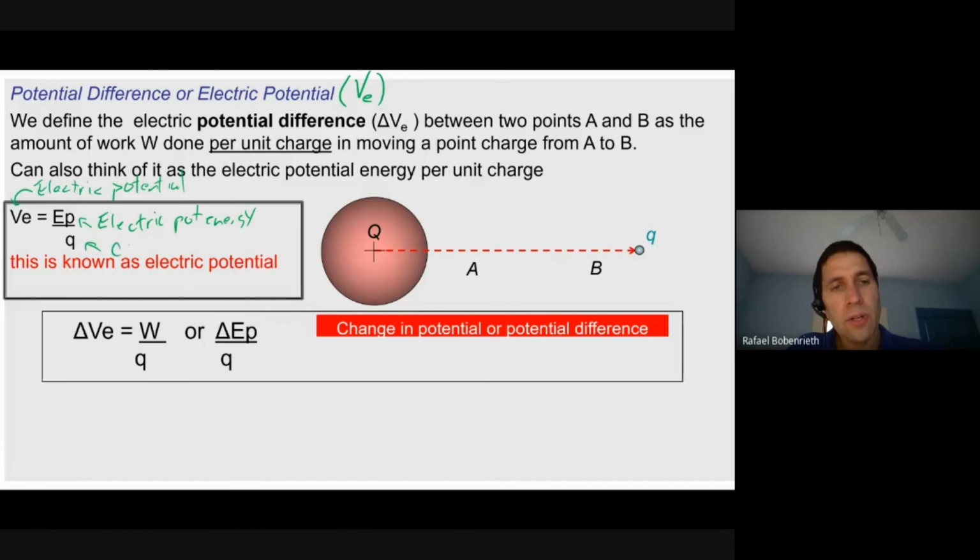And the q is the charge in coulombs. And then down here I have a very similar looking equation, but slightly different, whereas triangle V_E, meaning electric potential difference or change in electric potential, equals W, work, divided by charge, or the change in electric potential energy per unit charge.